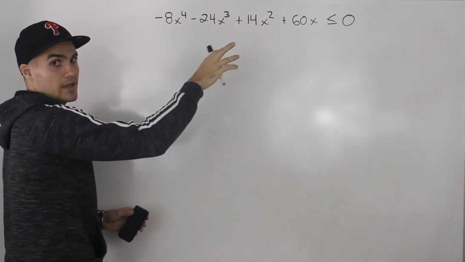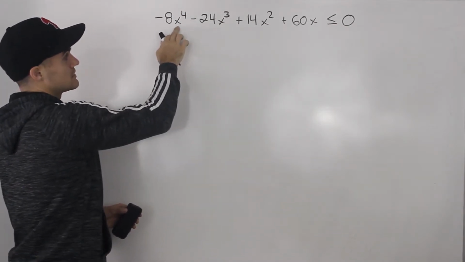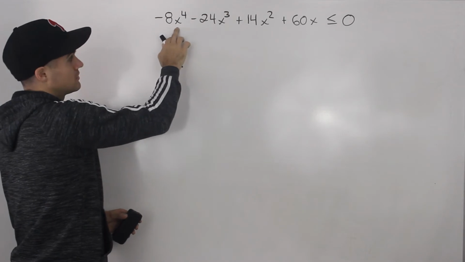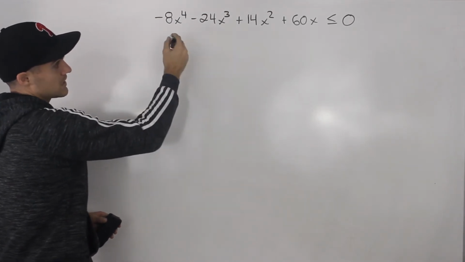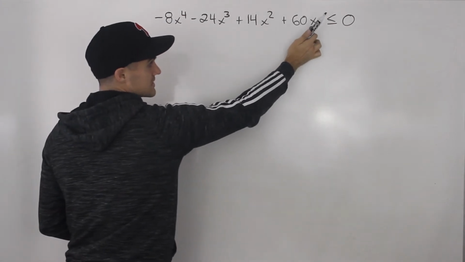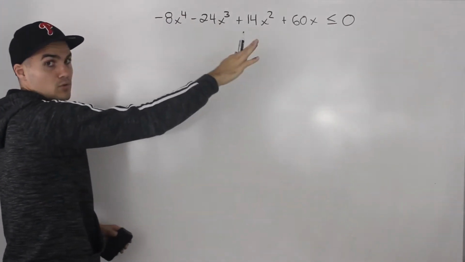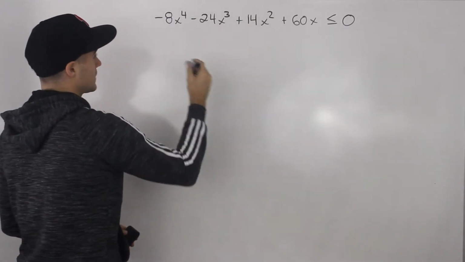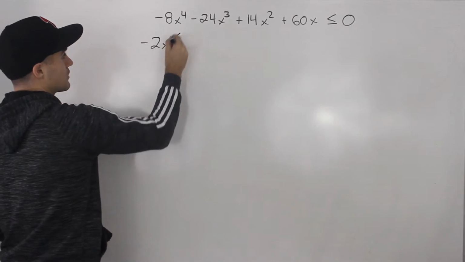We could take out a 2. And I actually recommend taking out a negative 2 to make that leading coefficient positive. So we'll take out a negative 2. Notice how we can also take out an x, because there's this 60x here. We got x squared, x cubed, x to the power 4. There's no constant here. So we can actually take out a negative 2x from everything.